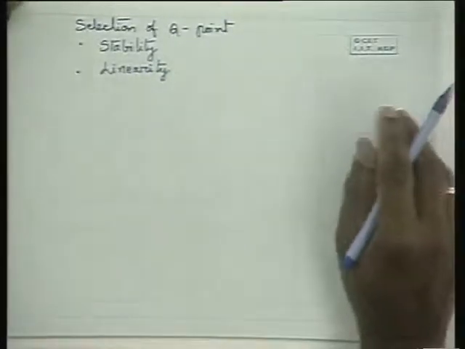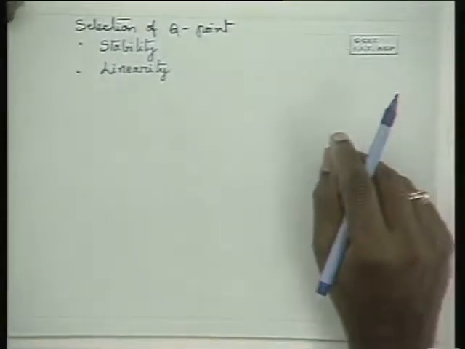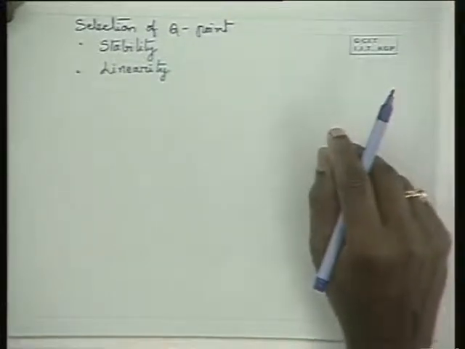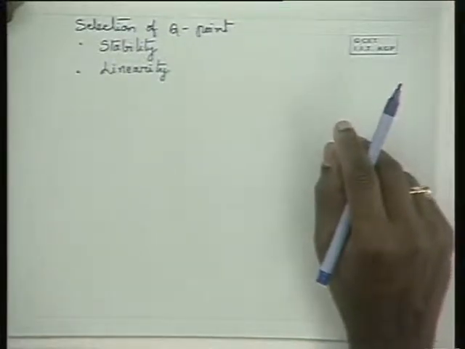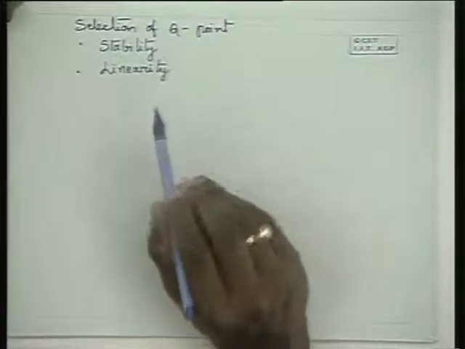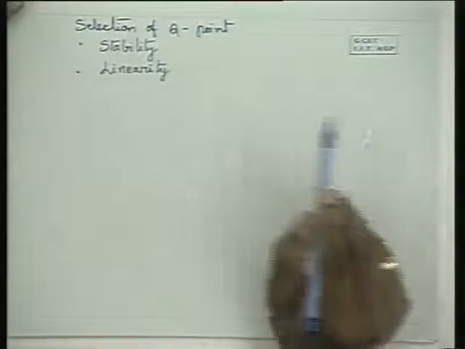Stability, I repeat, is stability of the Q point, that is VDS Q and ID Q, against device variations and against temperature variations. That is what I meant by stability, and linearity is for the input signals.